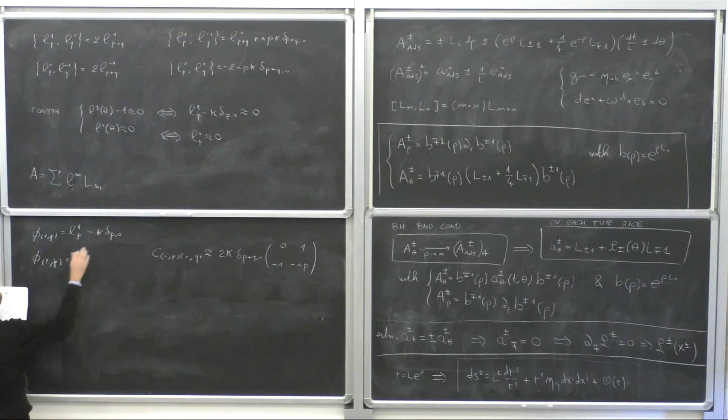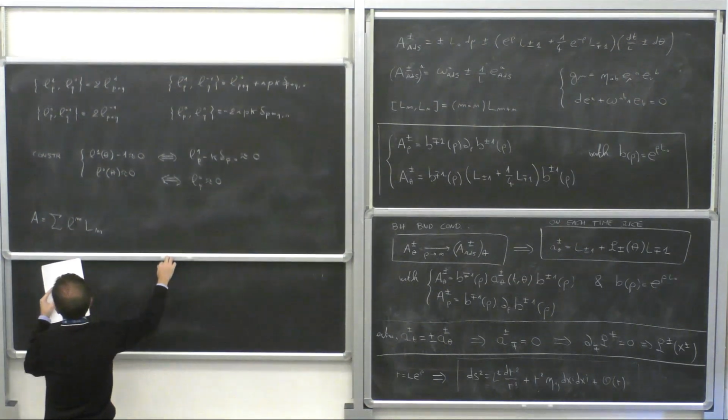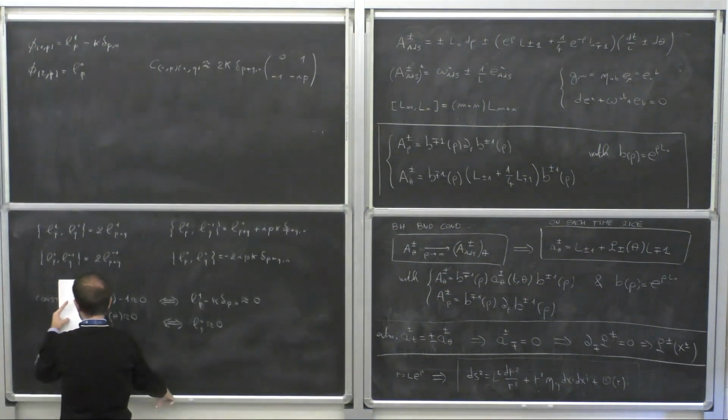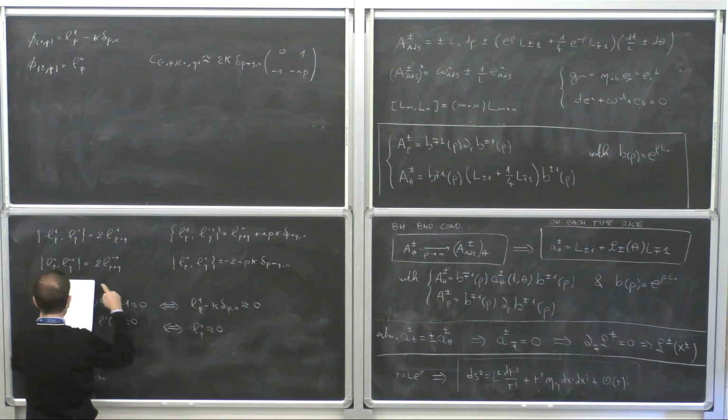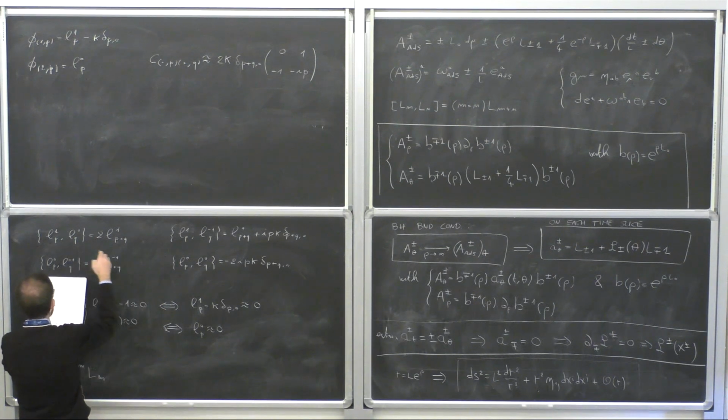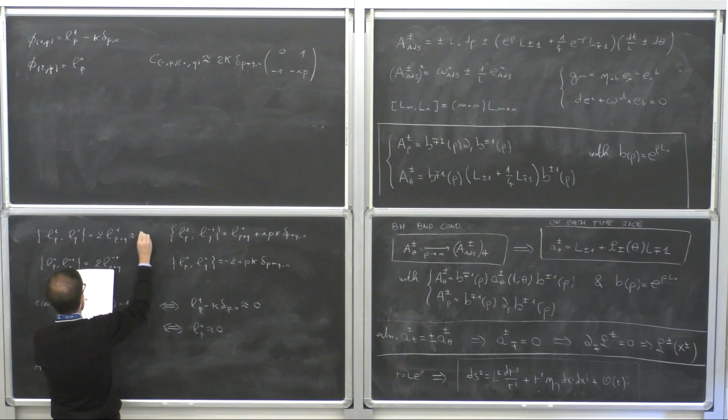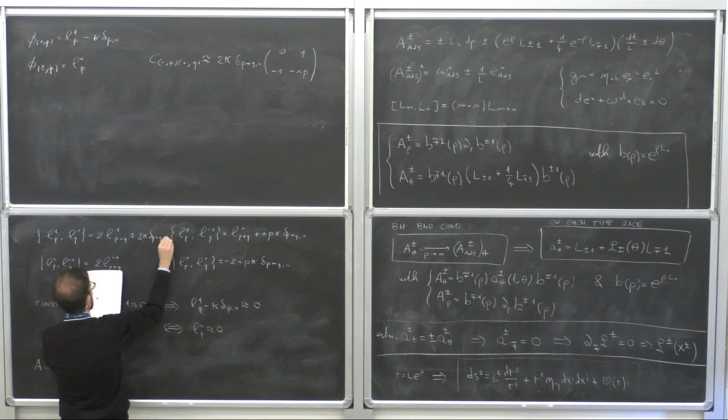Because essentially the first, L1, L0 that I have written here, on the constraint surface is equal to just 2K delta P plus Q 0.